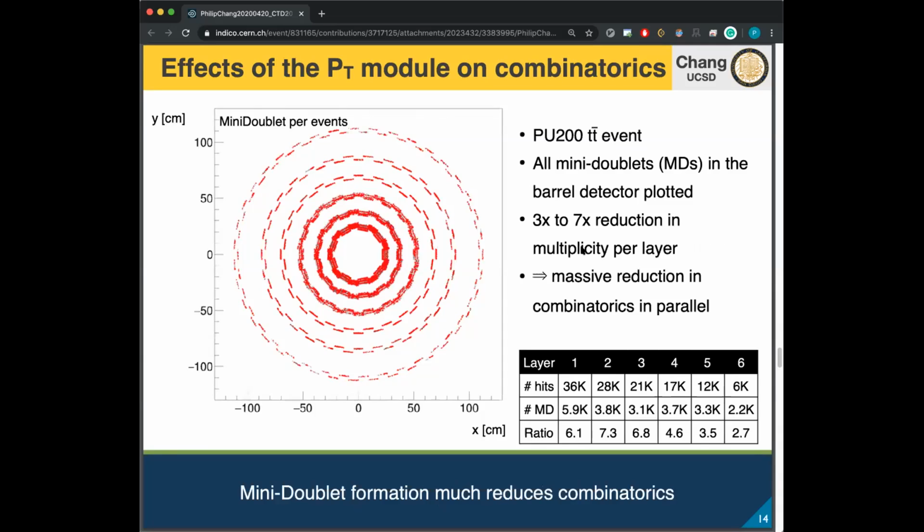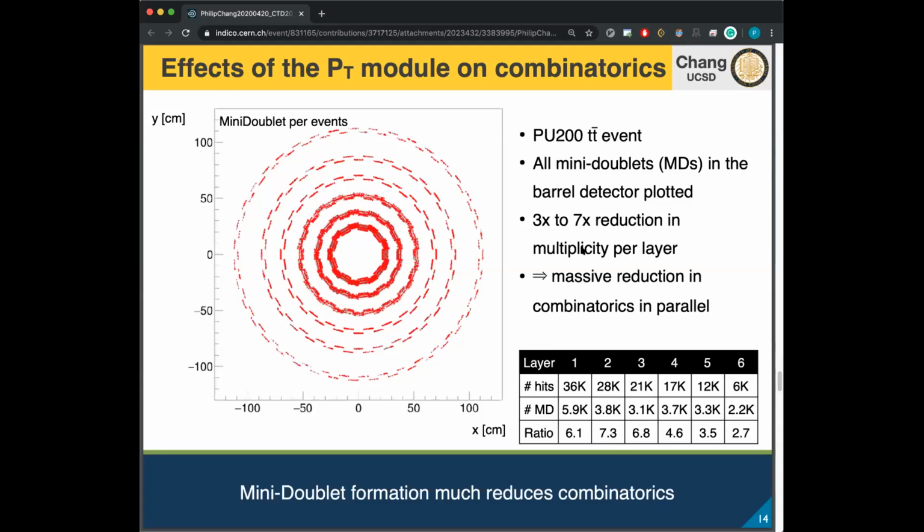Then you can see that the reduction factor between the number of mini-doublets and the number of hits is a factor of something like 3 to even up to about 7, depending on the layer. This means that if you were to imagine connecting the hits, you would have a very large number of combinatorics to consider, in comparison to when you're trying to link the mini-doublets, where it would be much, much smaller.